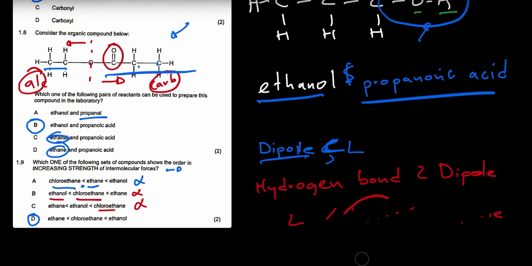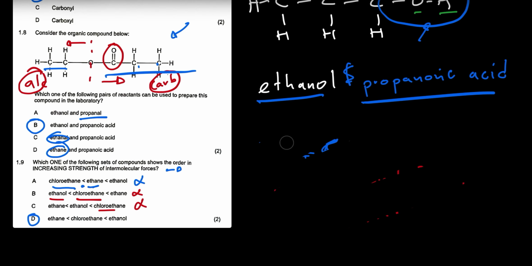But now let's analyze what is happening on D. So on D, we have now the first or the lowest intermolecular forces as ethane. Ethane, what do we have? We know ethane is London forces only there. And then chloroethane, what do we have? We have dipole forces. And we know that London forces are weaker than dipole.